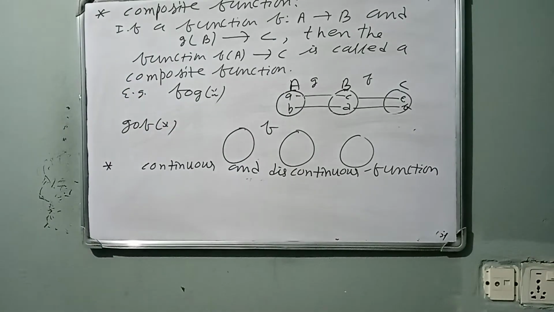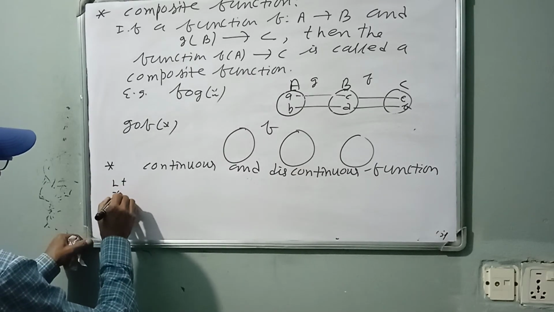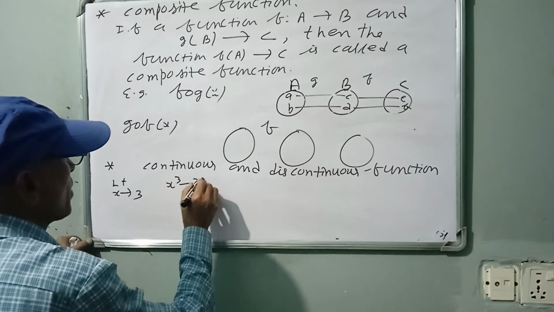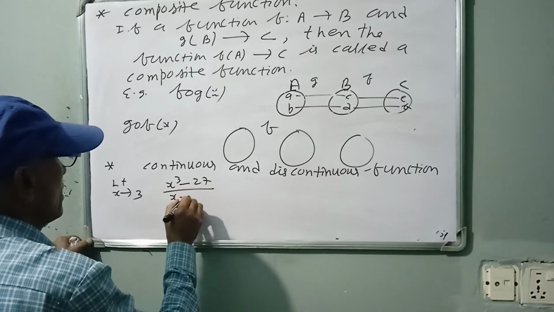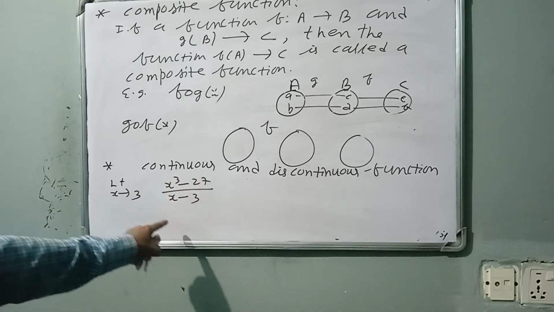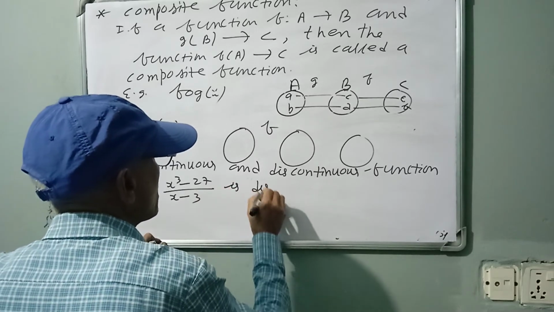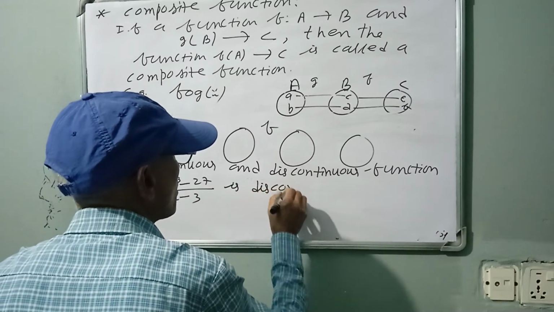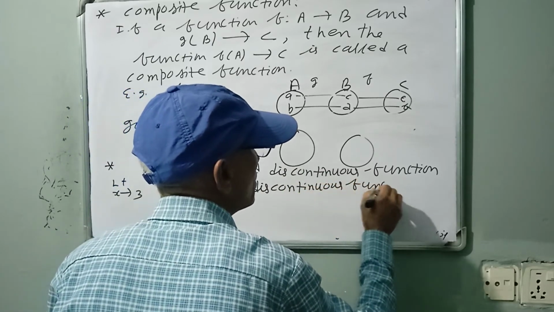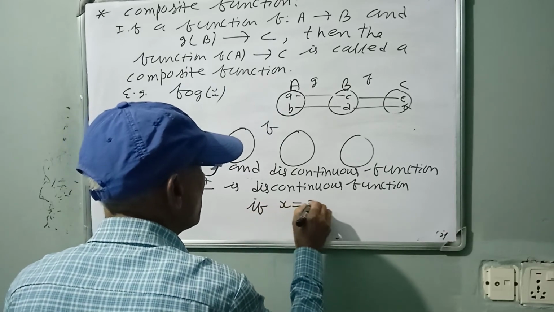For example, let limit x tends to 3 of (x cube minus 27) by (x minus 3). This is a discontinuous function if x equals 3.